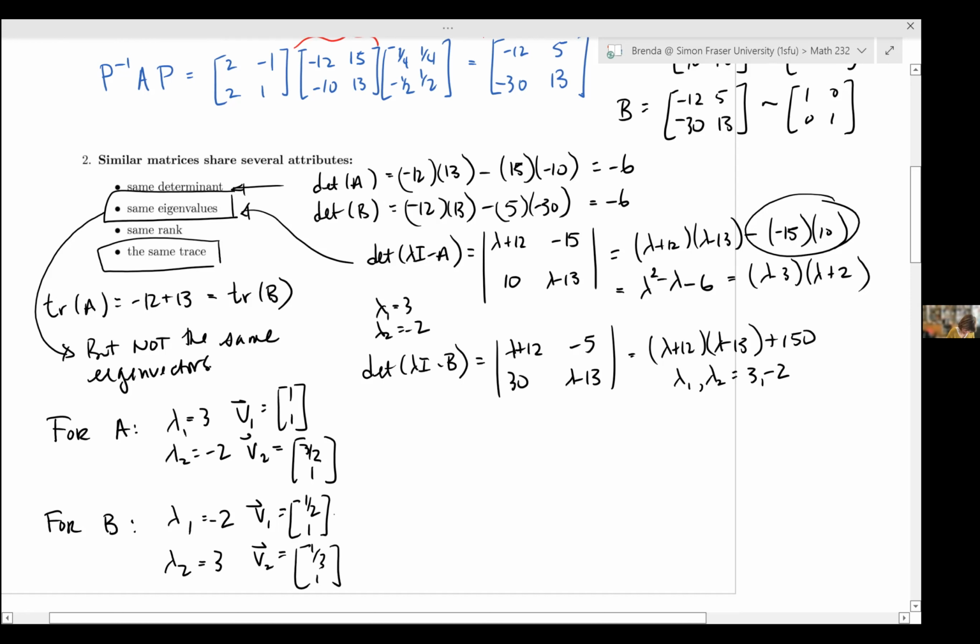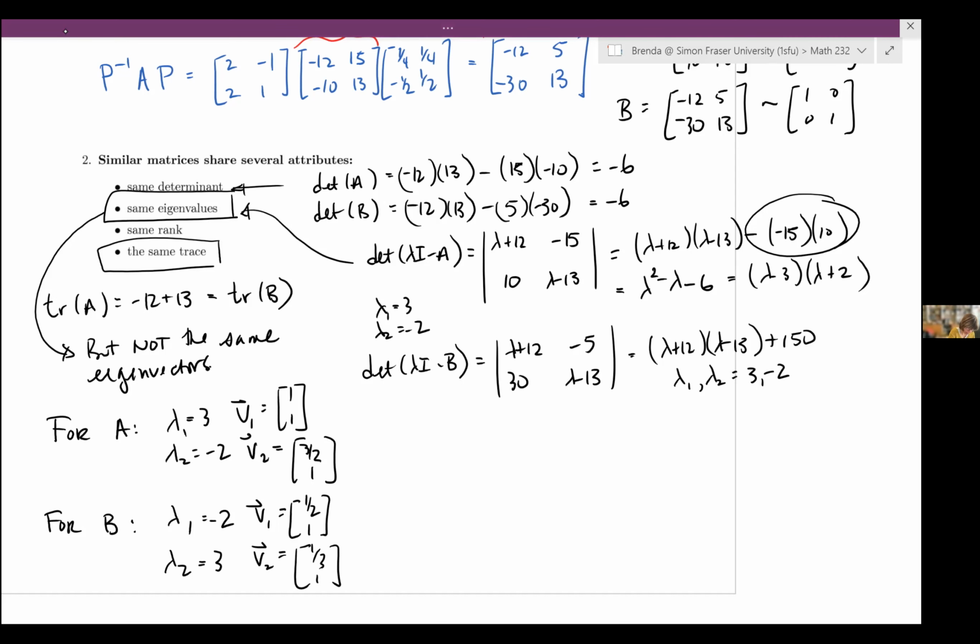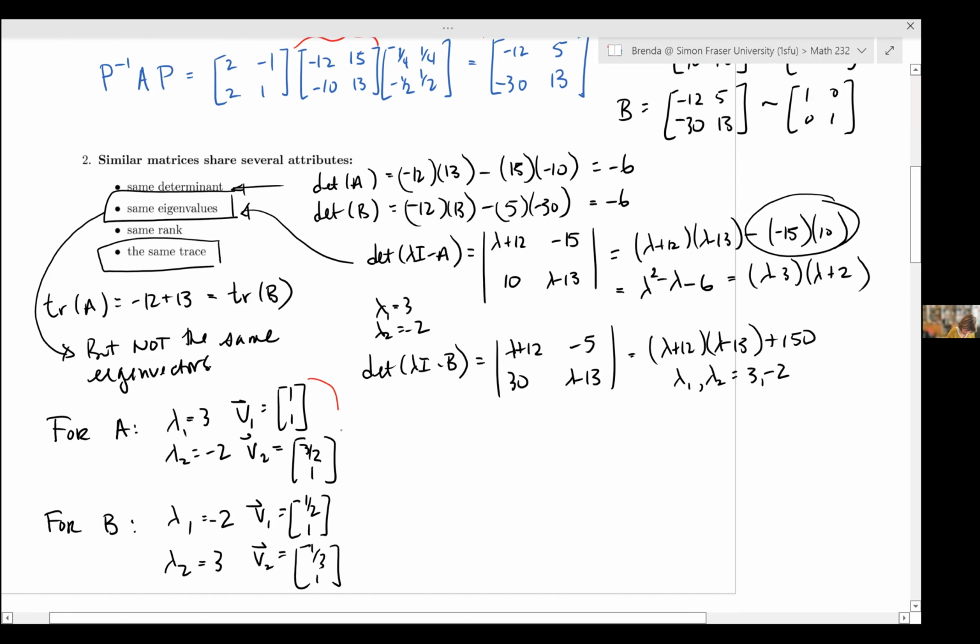Okay, they're not the same. So the eigenvalues are the same for similar matrices, but here you can see the eigenvectors are different. So that is what it means for two matrices to be similar.